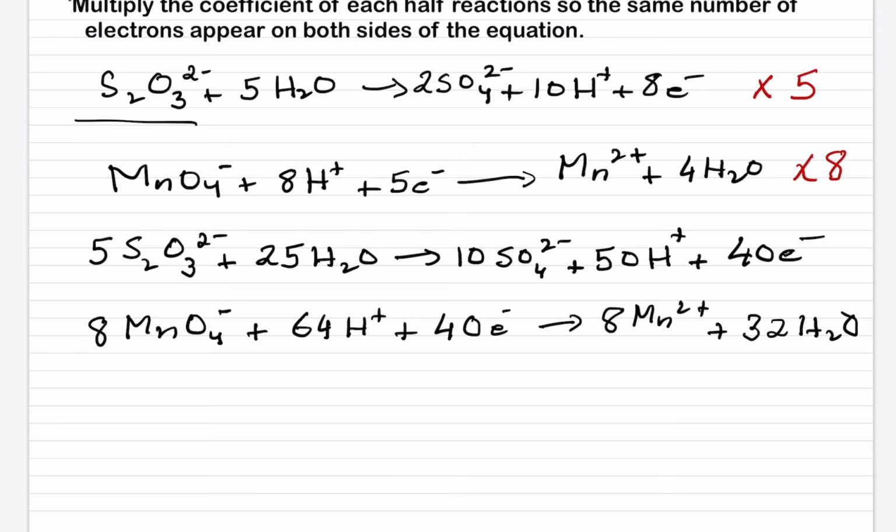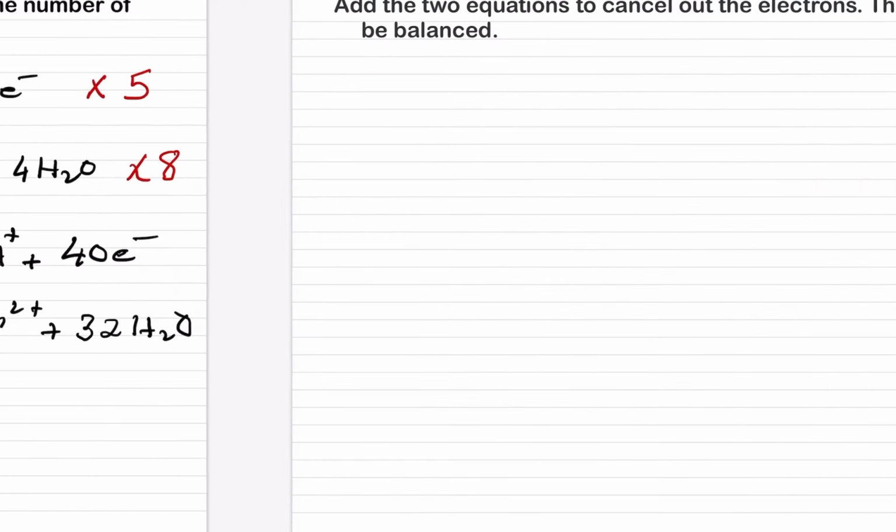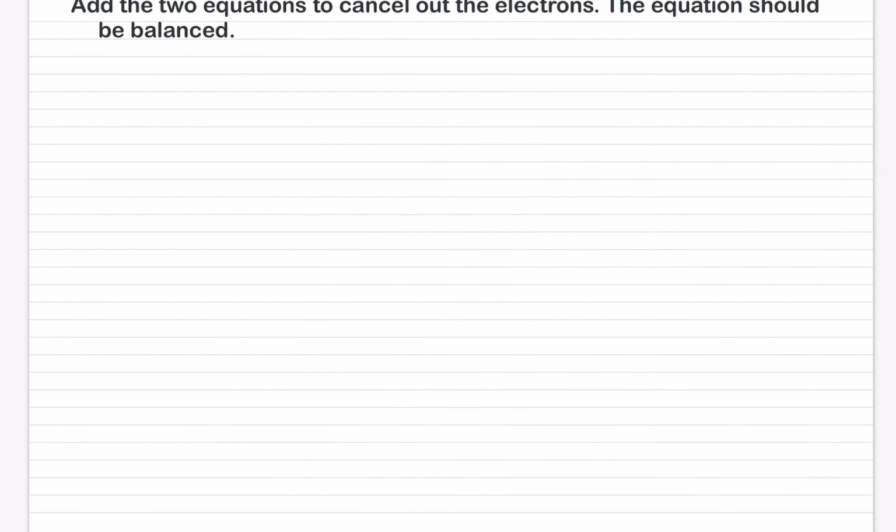Now we'll move down to the last step of the process. Now add the two equations to cancel out the electrons. The equation should be balanced. So this is the final step.